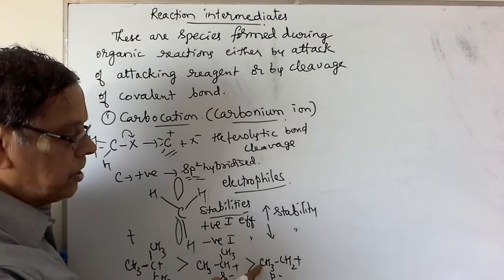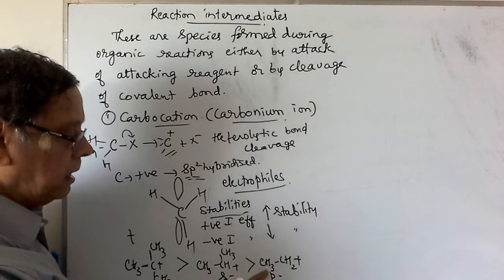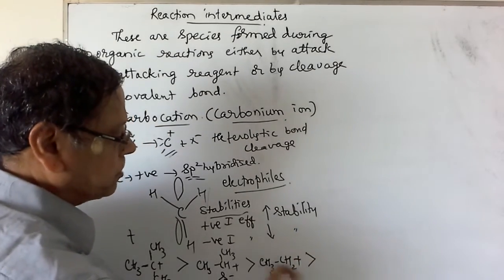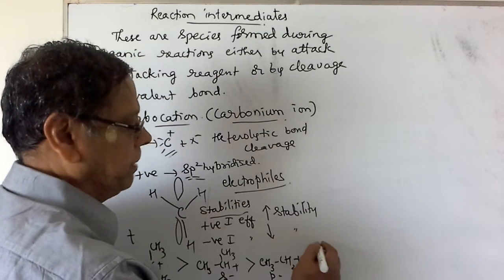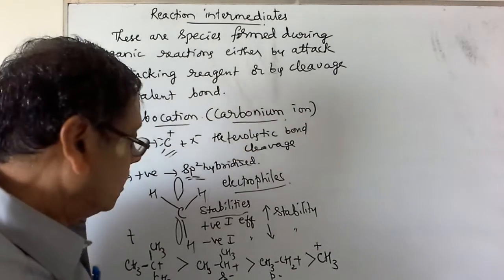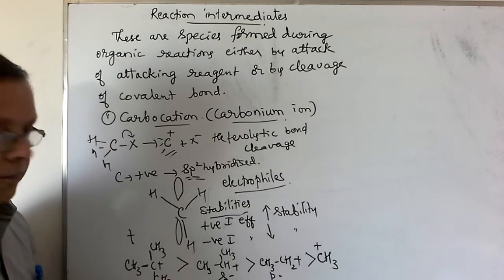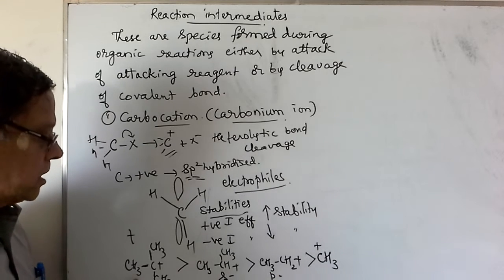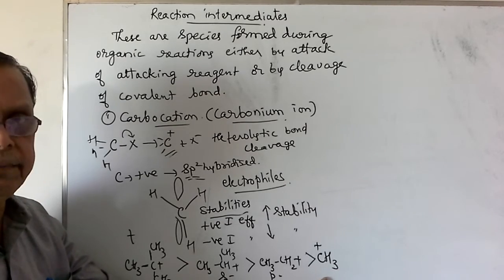Here only one positive inductive group is attached to the carbon atom. That's why it is less stable as compared to the secondary one. But among the various types of carbocations, this methyl carbocation is least stable. Among the hydrocarbons having the positive inductive effect, tertiary butyl is more stable than secondary, more than primary, more than methyl.